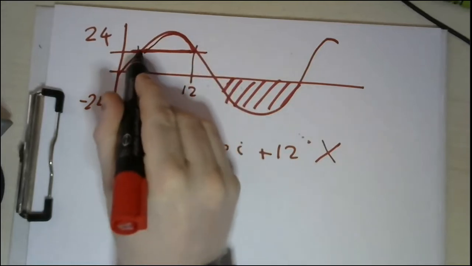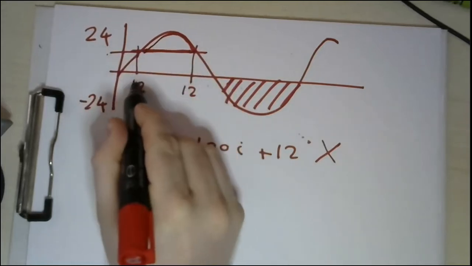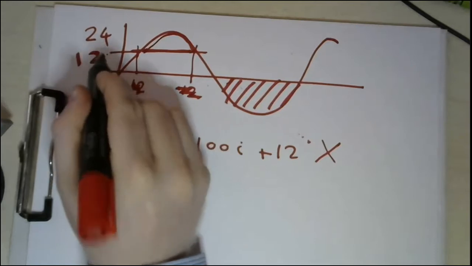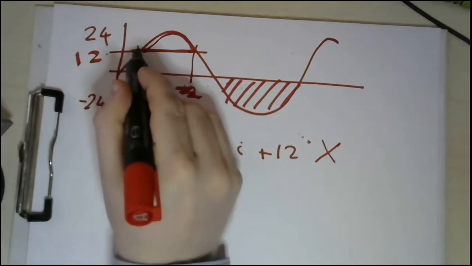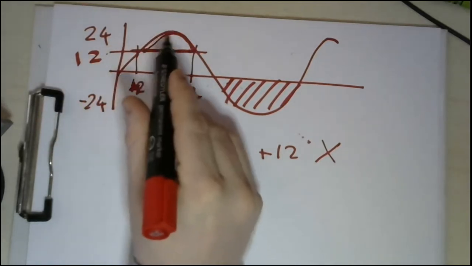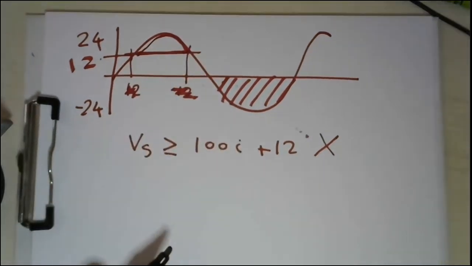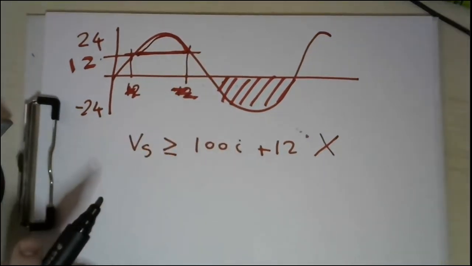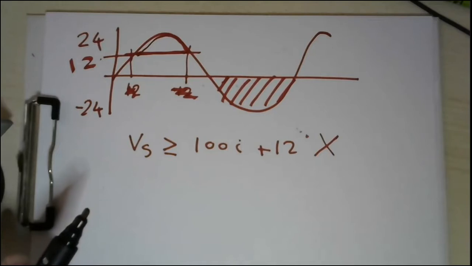This is the 12, I'm sorry. So whenever the input voltage is greater than 12, this region is the only region where your diode will conduct as a short circuit. Let me return back to the circuit.